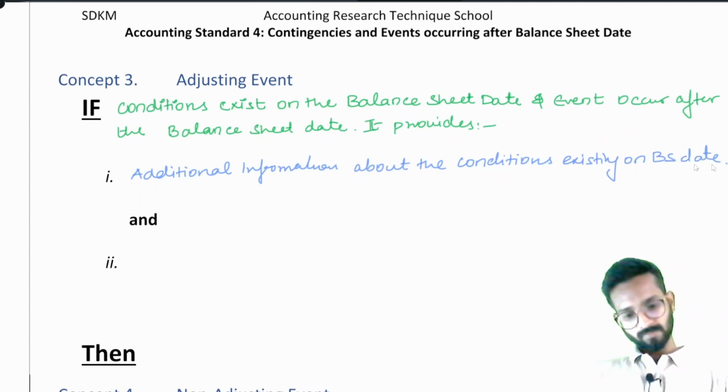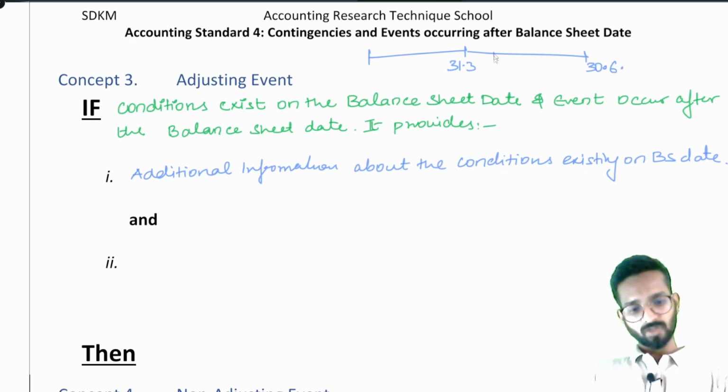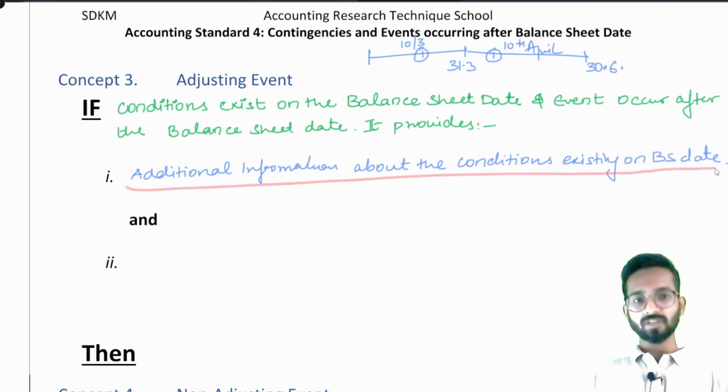It means, I told you already, 31st March, 30th June signing of the approval of the financial statement. On 10th April, my debtor said I cannot pay, but the fire on my debtor's factory was on 10th March. So understand this, what they are saying, additional information about the condition exists on the balance sheet date.